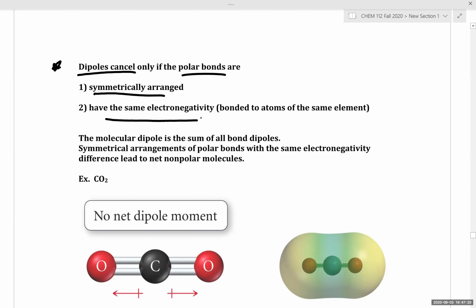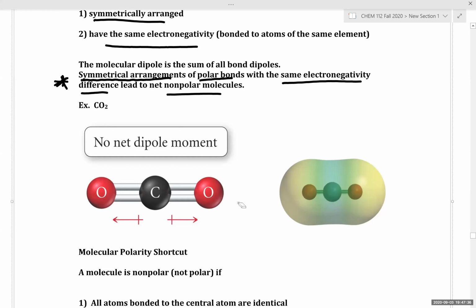So this is your takeaway: symmetrical arrangements of polar bonds with the same electronegativity difference lead to non-polar molecules. So for example, carbon dioxide, we have the same dipole going in opposite directions, and as a result, the dipoles cancel. So carbon dioxide, despite having polar bonds, is non-polar.